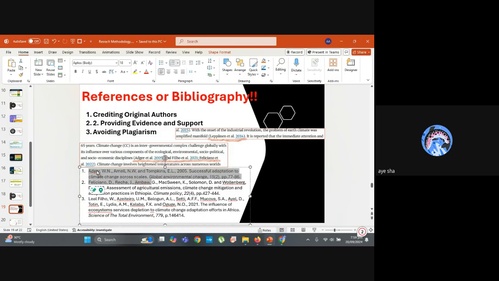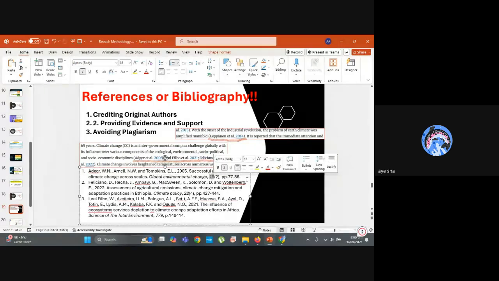Last name, comma, the initials of the first name, that is the first author, second author, third author, and then year, and then the name of the article, name of the journal, volume of the journal, page number. That's how you're going to give out your reference bibliography.